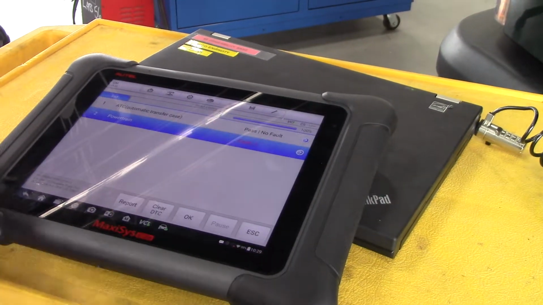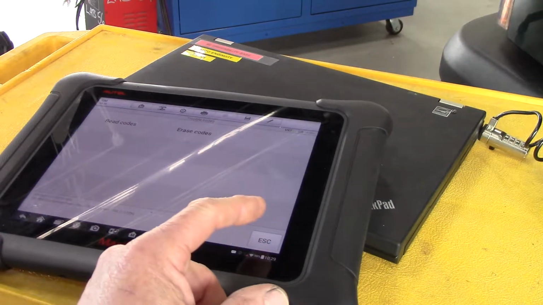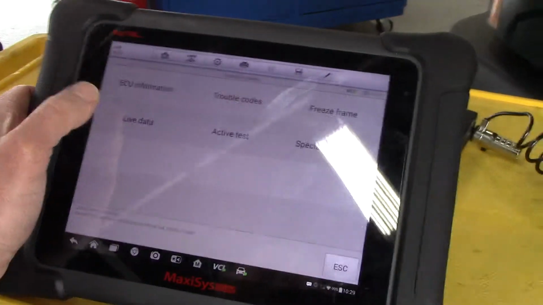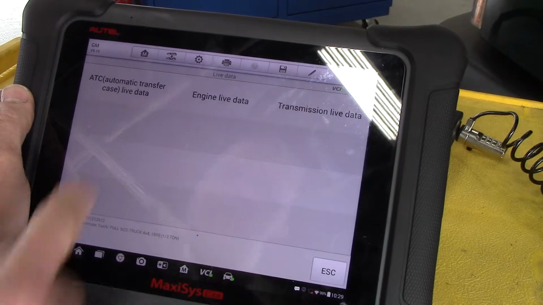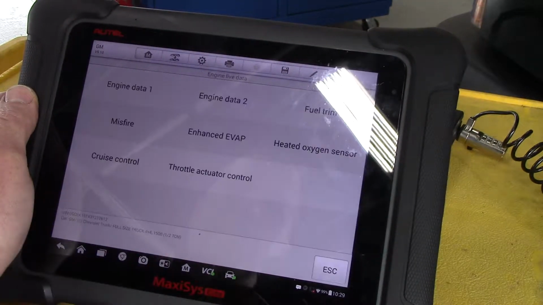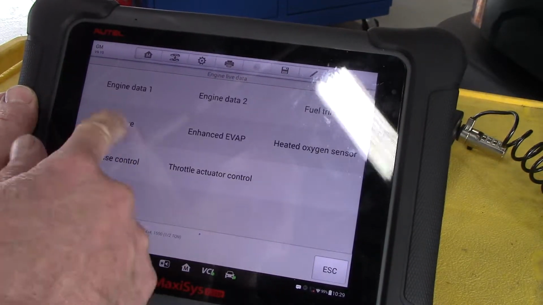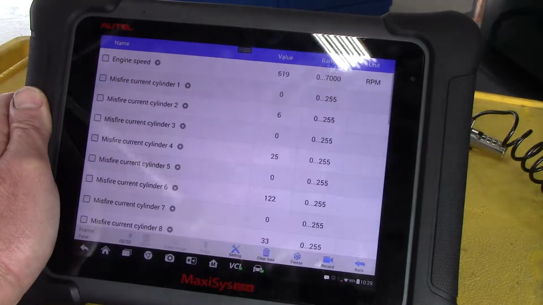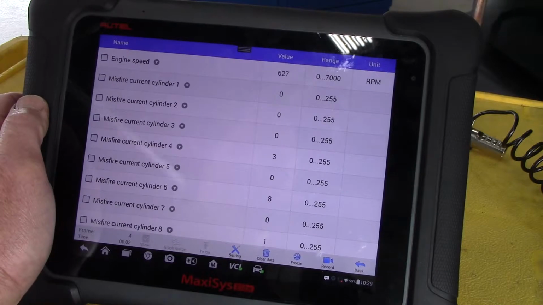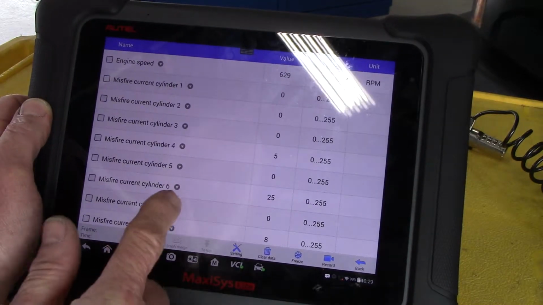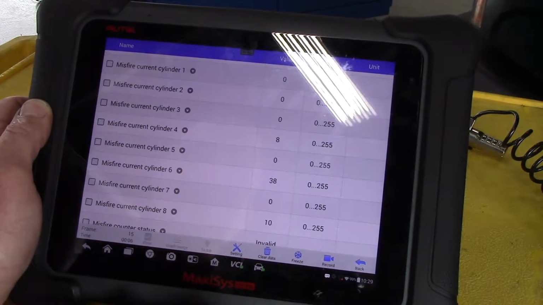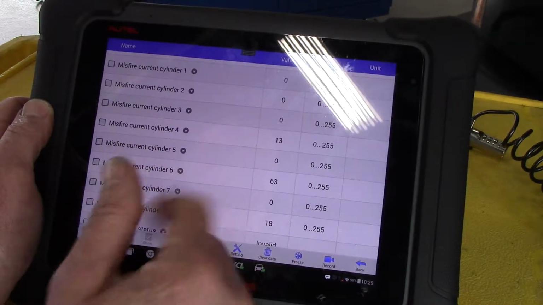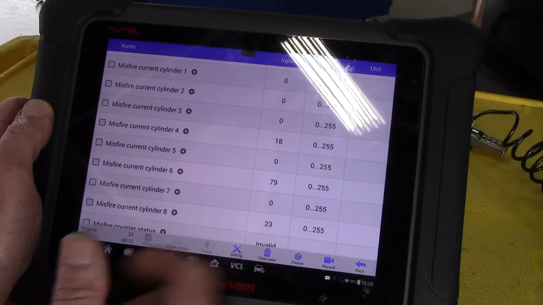So I'm going to escape back on the scan tool, go into our live data, engine live data, and select misfire. And we do have some misfire counts going on. As you can see, number 6, number 8, and we got some on number 4, number 6 being the worst.